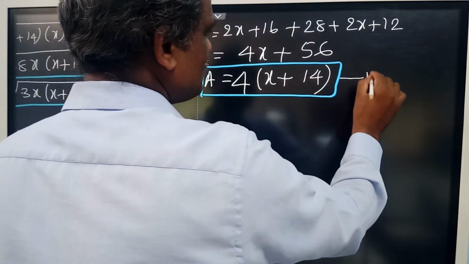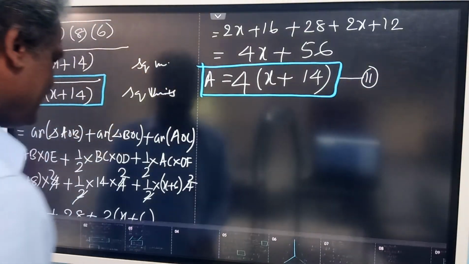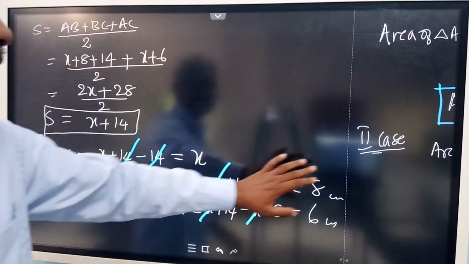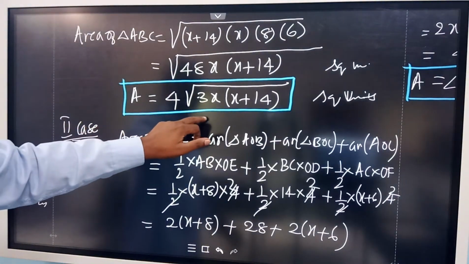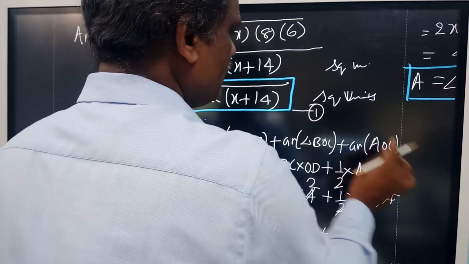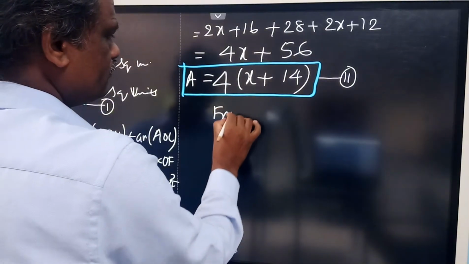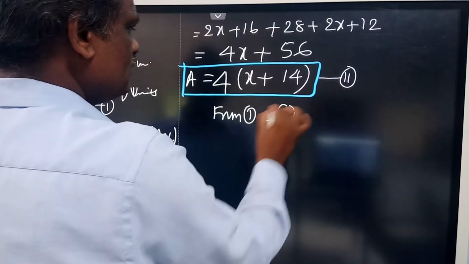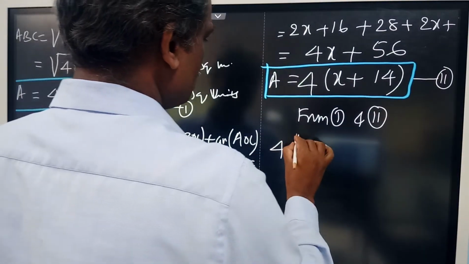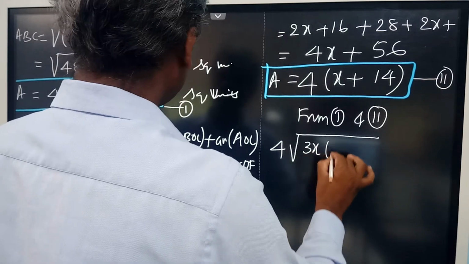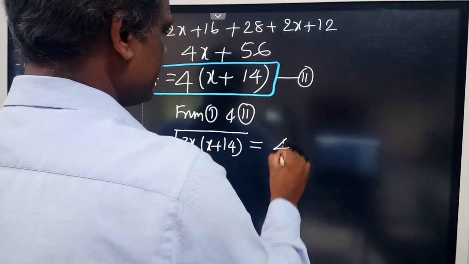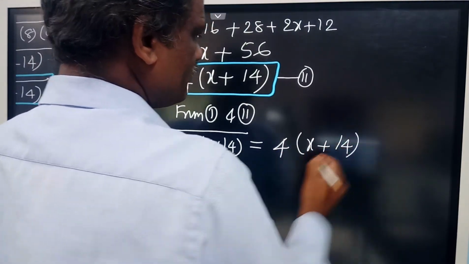So this is case 2, and we got the same area by using Heron's formula. This is the area of the triangle, both are same. You can write, from 1 and 2, this area 4 into root of 3x into x plus 14 is same as 4 into x plus 14.